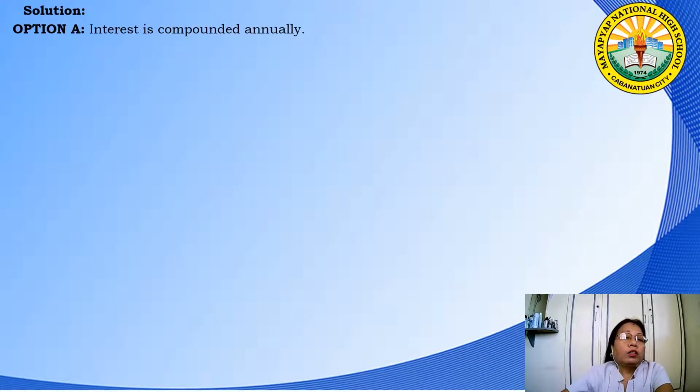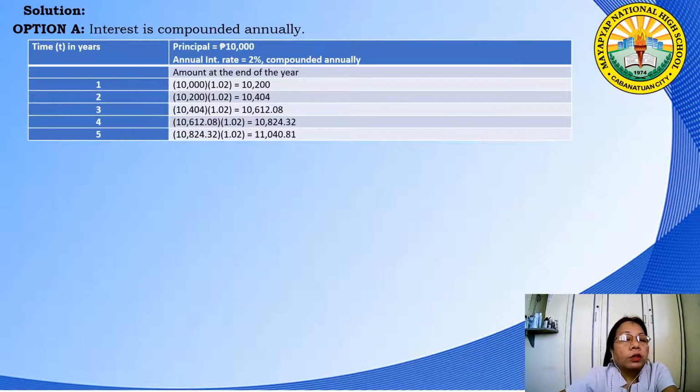So for option A, interest is compounded annually. From the table, the principal is 10,000 pesos, and the annual interest rate is 2% compounded annually. At the start of the first year, the amount at the end of the year is 10,200.